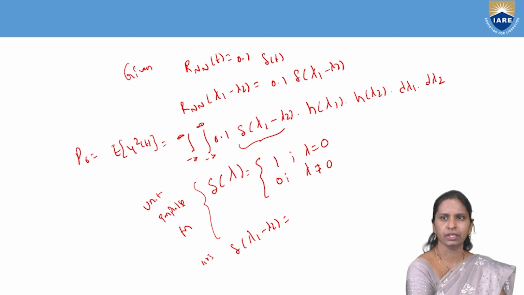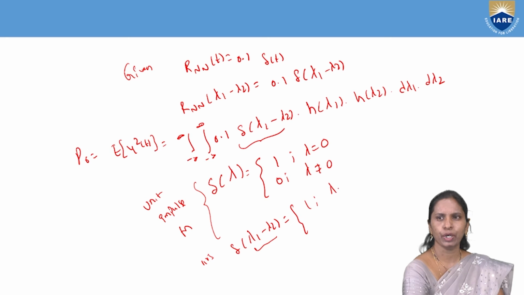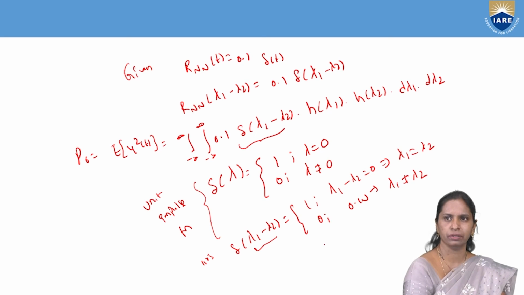It is 1 when lambda 1 minus lambda 2 equals 0, that implies lambda 1 equals lambda 2, and 0 otherwise, when lambda 1 is not equal to lambda 2.